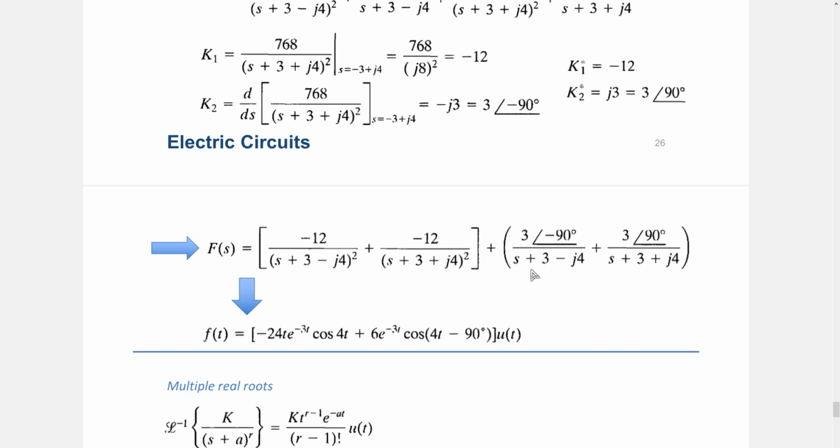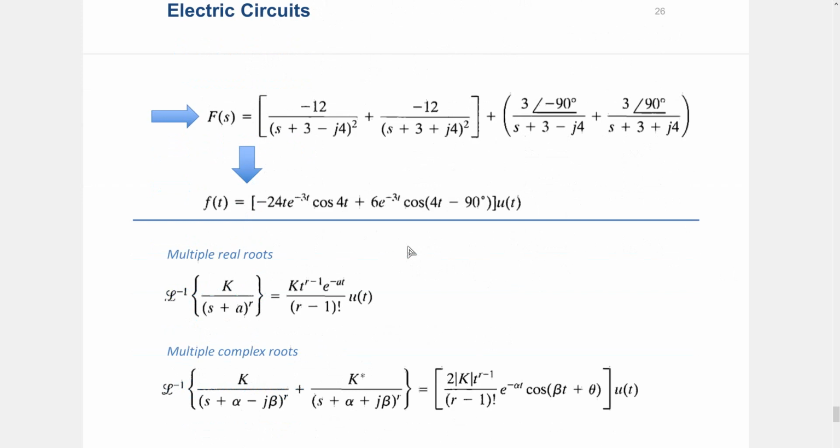So as you can see, we have the minus j3 and plus j3 coming here and there.